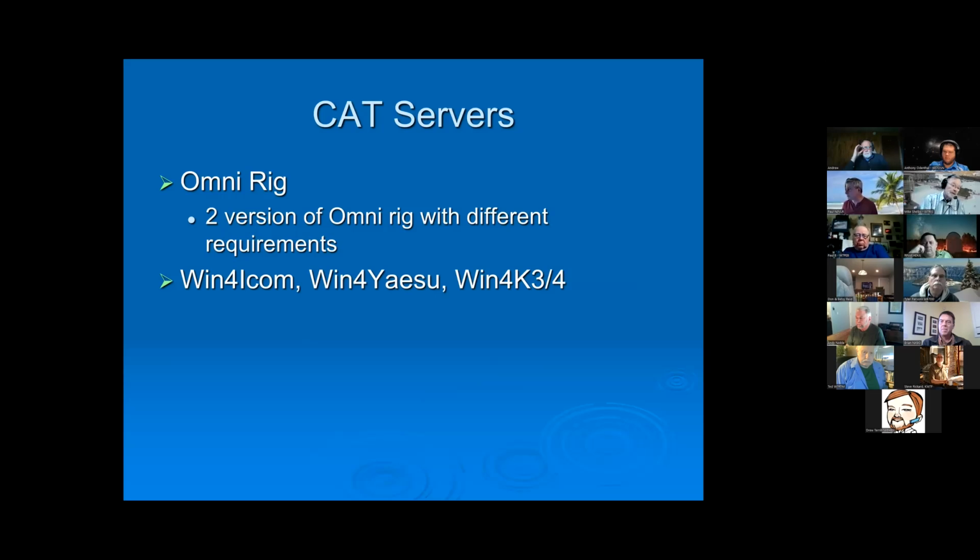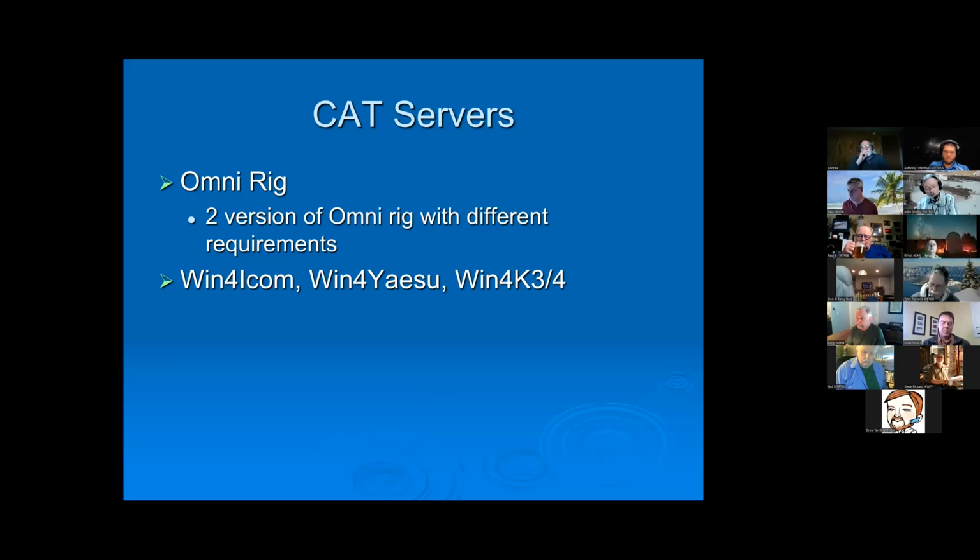Two guys that are very common, and these are kind of the catch-all that does almost everything, fit that picture that I just showed you real well. OmniRig has been around for a long time. Now you have to be careful that there's a couple different versions of OmniRig out there, and typically you're going to want OmniRig number 1.